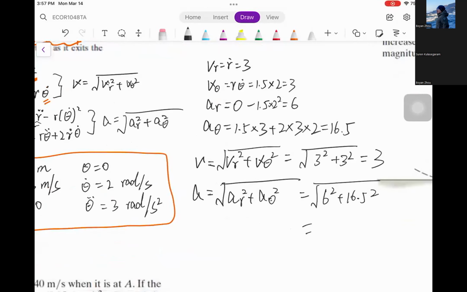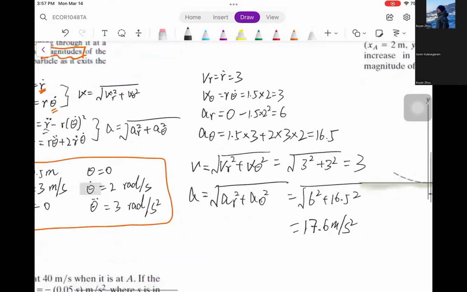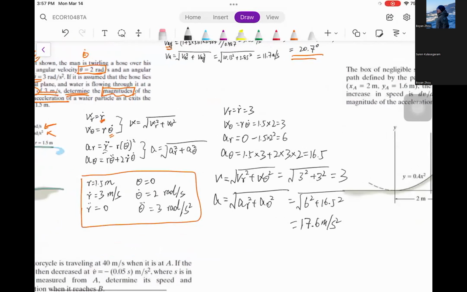And we have 17.6 meters per second squared. Okay, so is it the final answer? Yeah, that is the final answer. You just need to find out what the equation is for this question, and then just find the values and plug in the numbers. It's very simple.